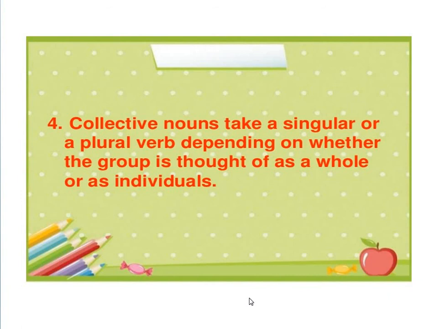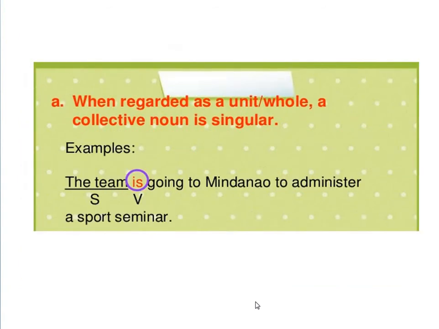We take the collective nouns as singular or plural depending on whether the collective noun is referring to a whole entity or to the members of that entity. When regarded as a unit or a whole, a collective noun is singular. Then the verb added after the collective noun would be singular.